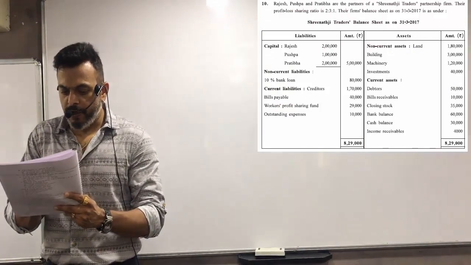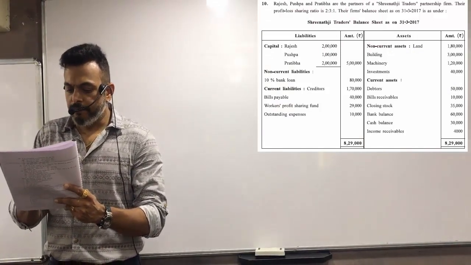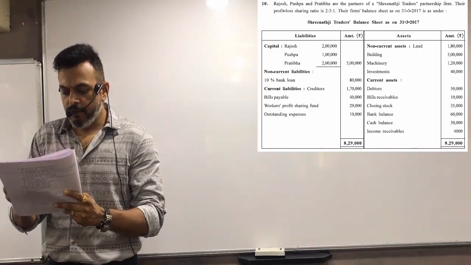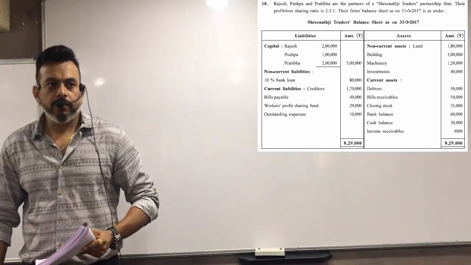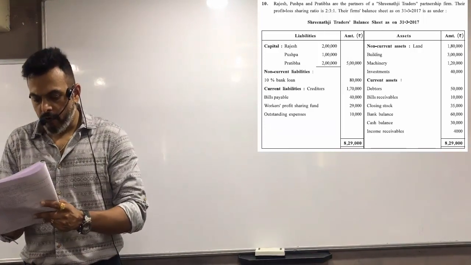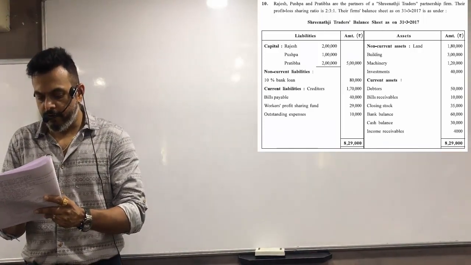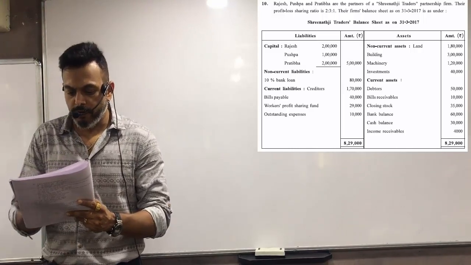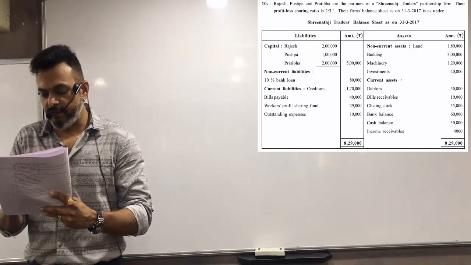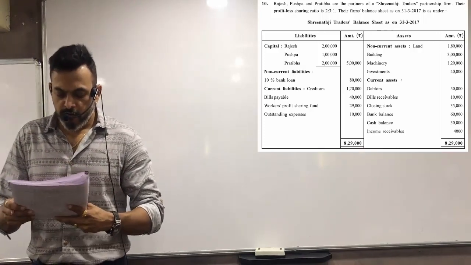Rajesh, Pushpa and Pratibha are partners of Srinathji Traders Partnership Firm. Their profit loss sharing ratio is 2:3:1. Their firm's balance sheet as on 31/3/17 is as under.